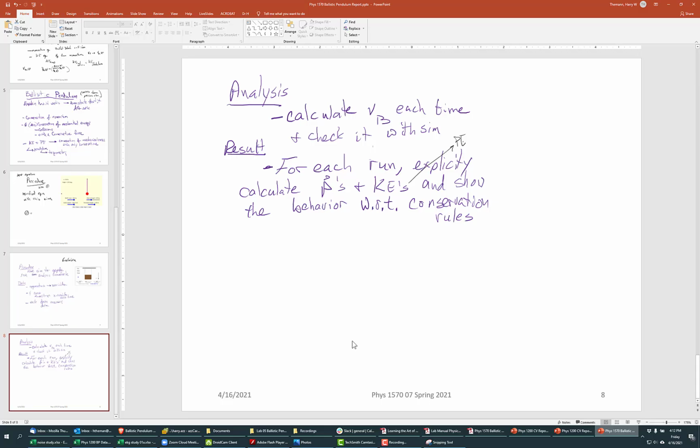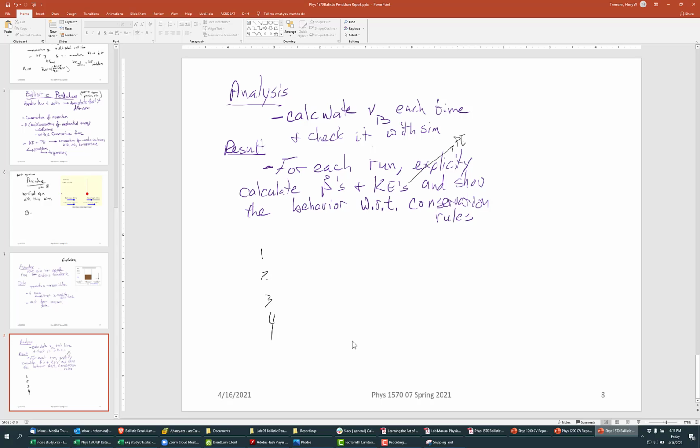And so let's see, what kind of data table would you make? We have 1, 2, 3, 4.